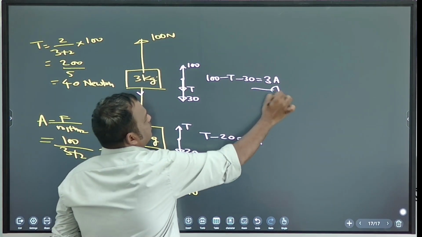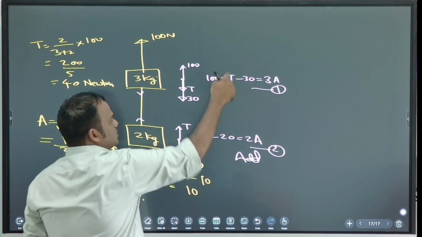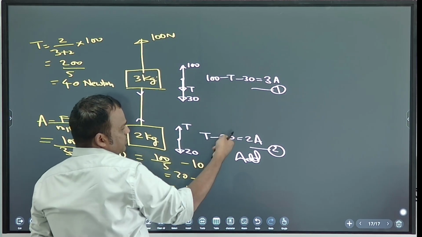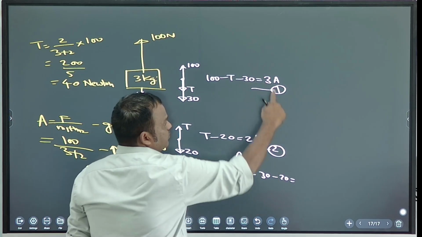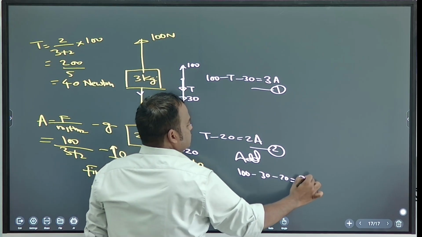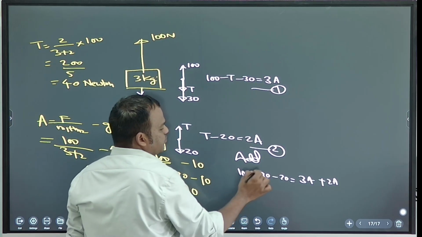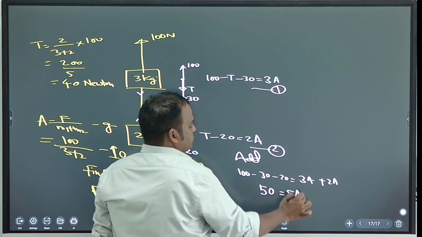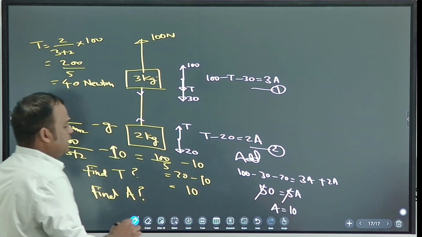Now add these two equations. Minus T plus T cancels. So 100 minus 30 minus 20 is equal to 3a plus 2a. So 100 minus 50, 50 is equal to 5a. So the acceleration is 10.